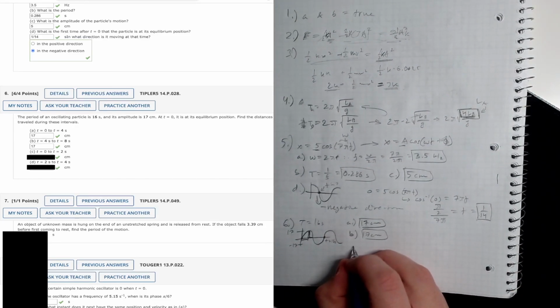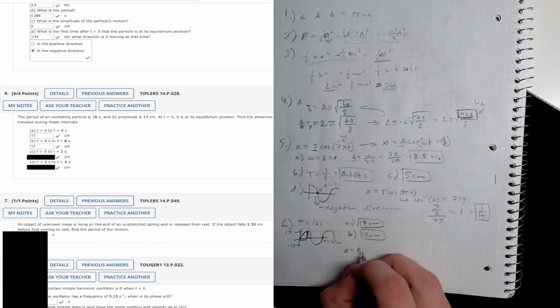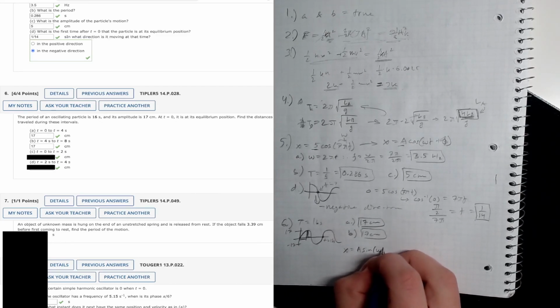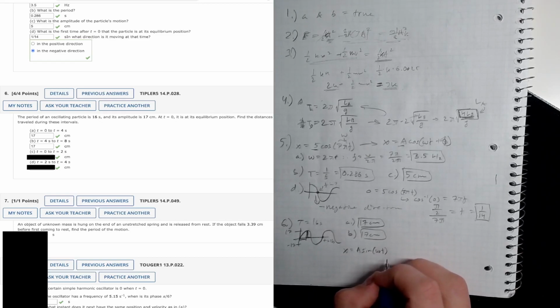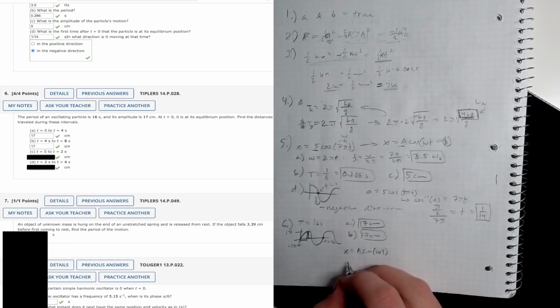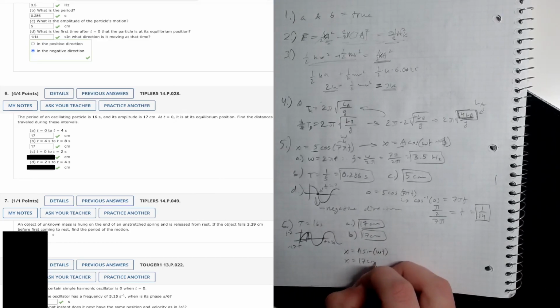So we know that position x equals amplitude times sine of angular frequency times t with no phase change there. So from 0 to 2, we know that it's just the time, time 2, so x equals 17 sine of w.